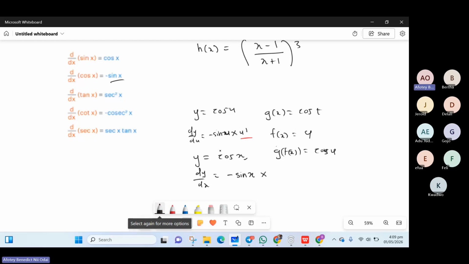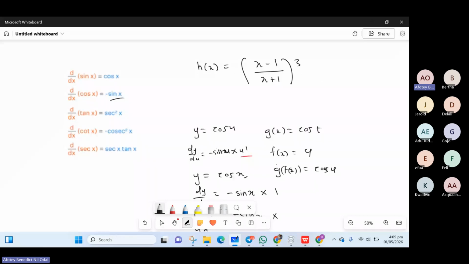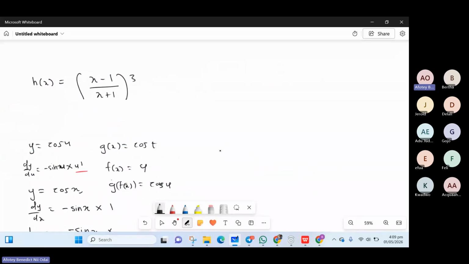And we know that the differential of x is 1. So we have 1. That's why the differential of cos x is just negative sine of x. There is actually a differential of x somewhere, but because it's 1, we don't bring it. Hope it's clear. Now, a similar form is in this function also, right?